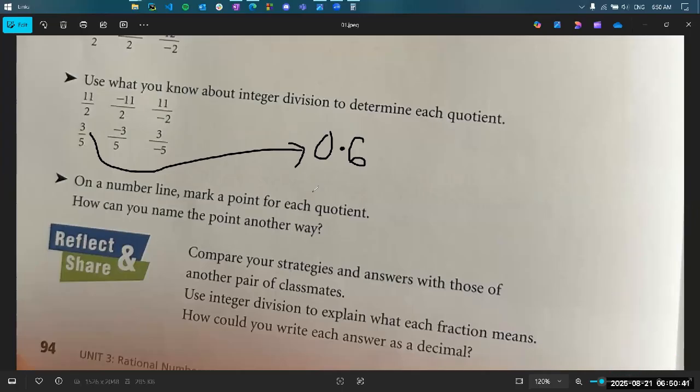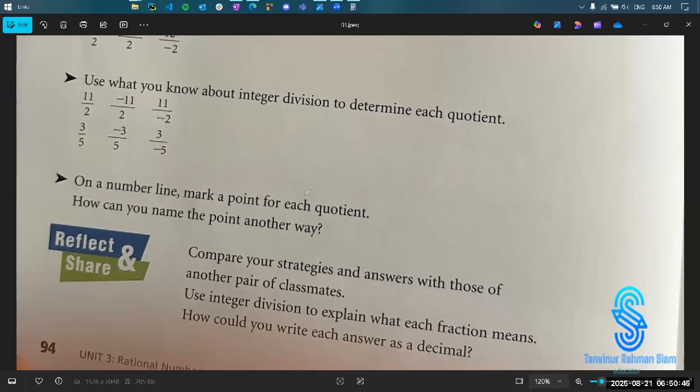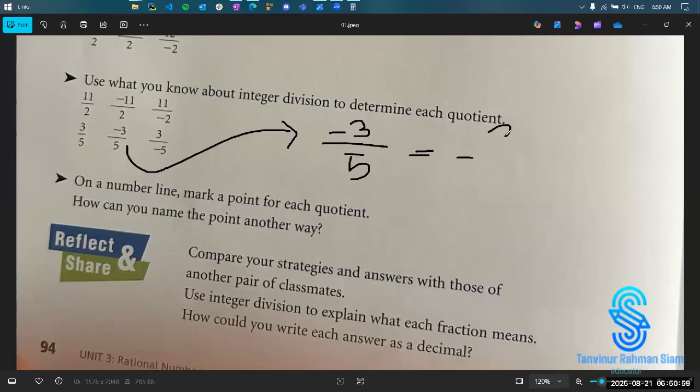Okay. After that, we have minus 3 divided by 5. And just before that, we have already written that minus 3 divided by 5 can be written as minus 3 divided by 5, and then we will get minus 0.6.